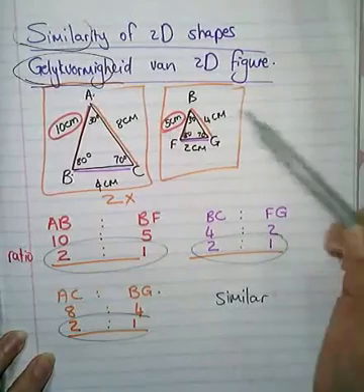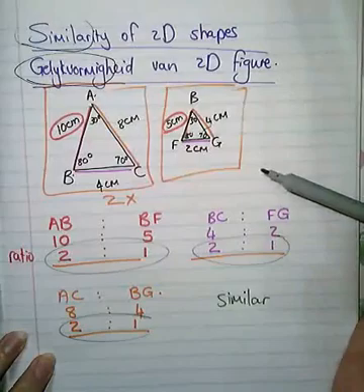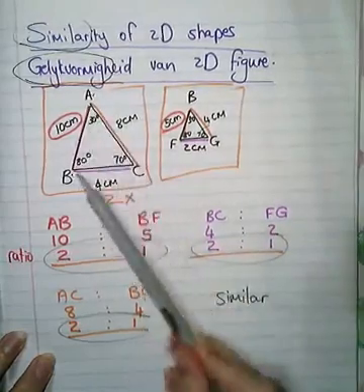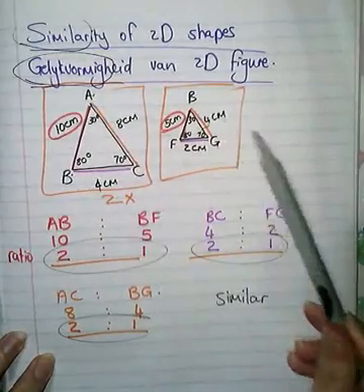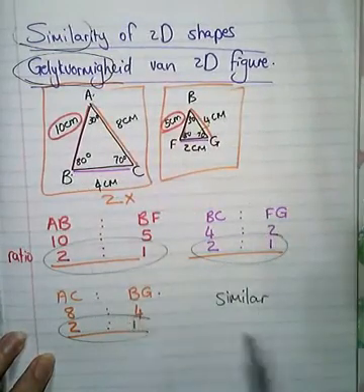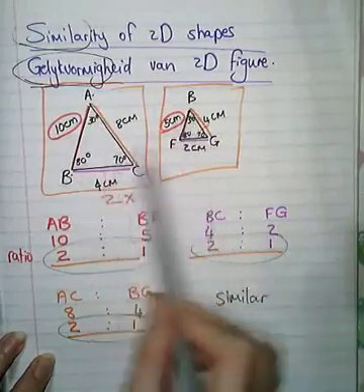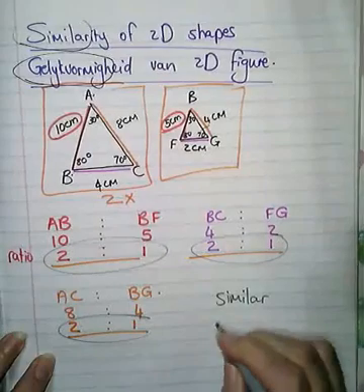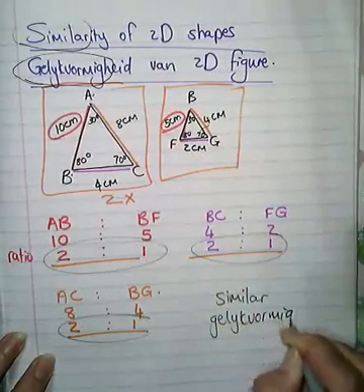So as ons twee figure het, in hierdie geval twee driehoeke, waar die verhouding van die groottes of die lengtes van al die sye presies dieselfde is by al die sye se verhoudings, daai 2 en daai 2 en daai 2, dan beteken dit hulle is gelykvormig. Goed.